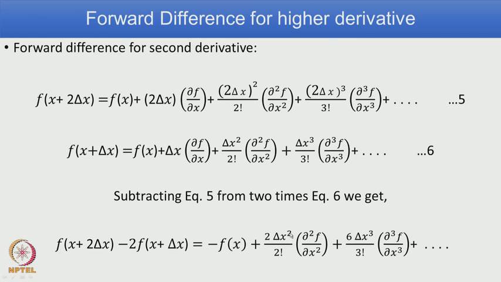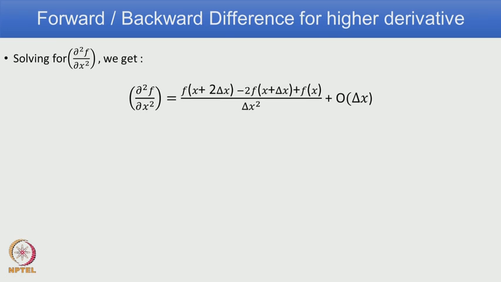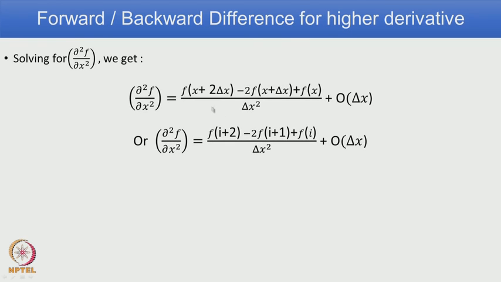So, if you bring Δx squared from one side to the other side, this Δx cube will get reduced to only Δx. If you do that, then we get [f(x+2Δx) − 2f(x+Δx) + f(x)] / Δx² and of order Δx for the second derivative ∂²f/∂x².